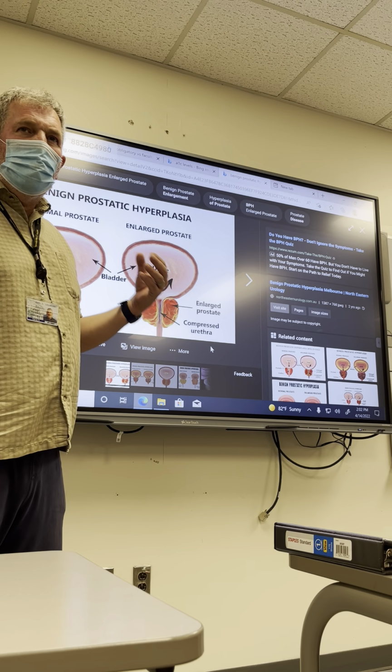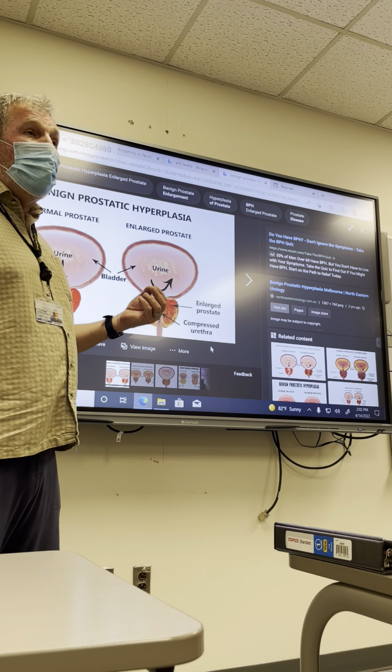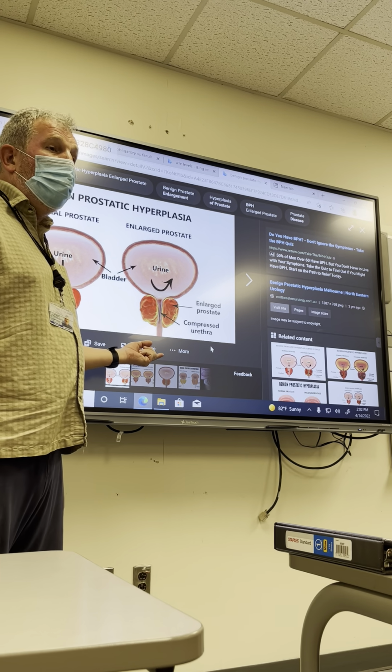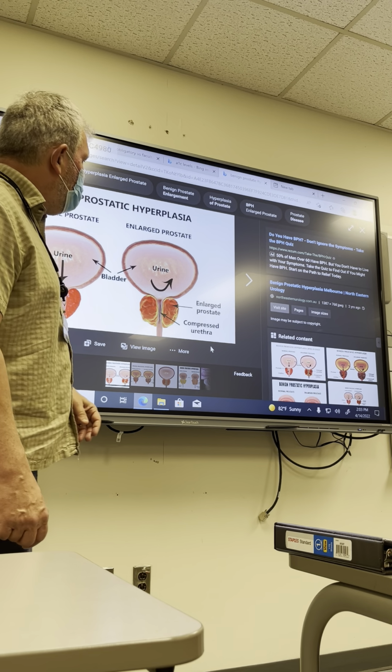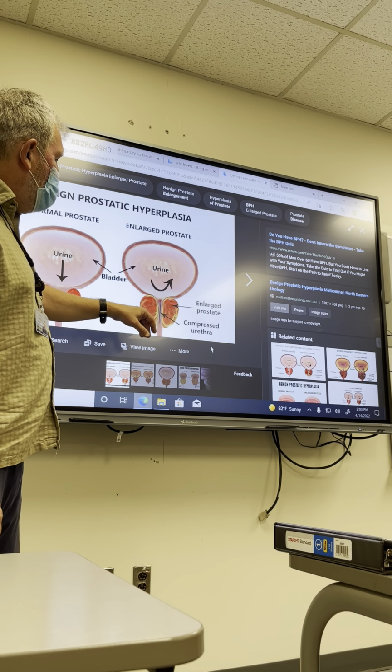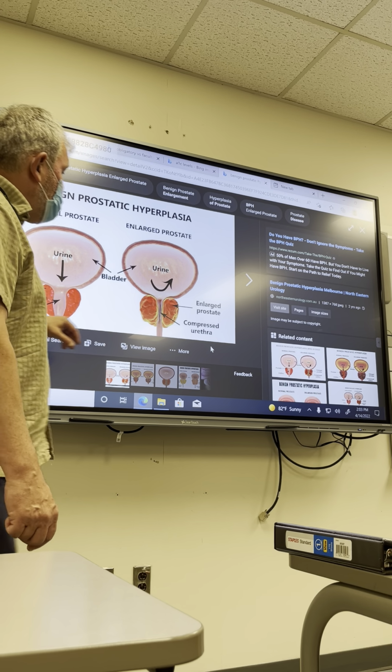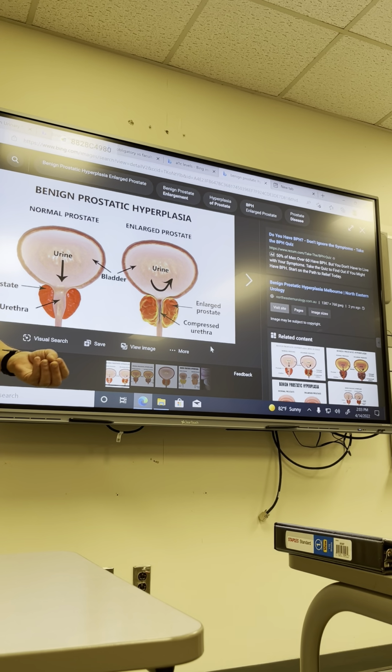There are different types of treatments. In severe cases, they can go in there like a roto-rooter and root out a direct passageway right through the prostate gland. But this is a common issue here. Are women going to have this issue? No. Not normally. It's small.